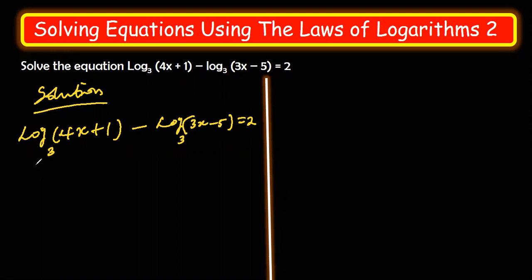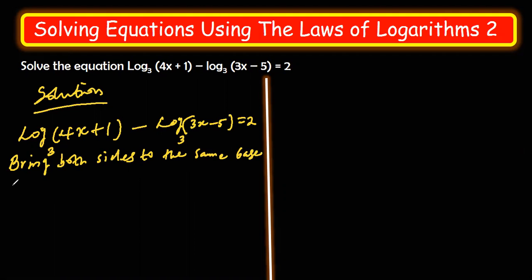First thing to do is to bring both sides to the same base. Since the log here is base 3, the log here is in base 3, and then equal to 2, I'm going to make it into base 3 as well. So let me just write the instruction: bring both sides to the same base.